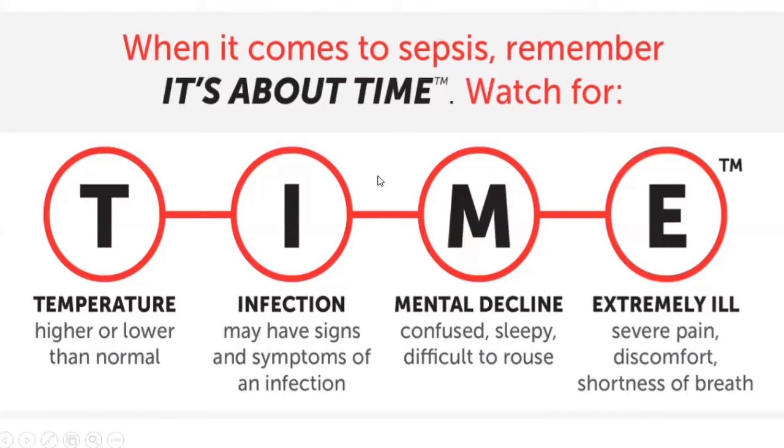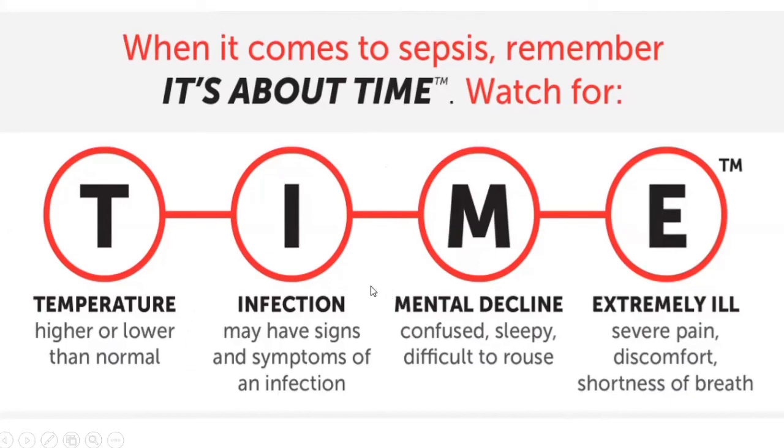So we have to remember this word, time. When it comes to sepsis, we have to remember it's about time. T stands for temperature. We have to check our temperature, whether it's higher or lower than normal.